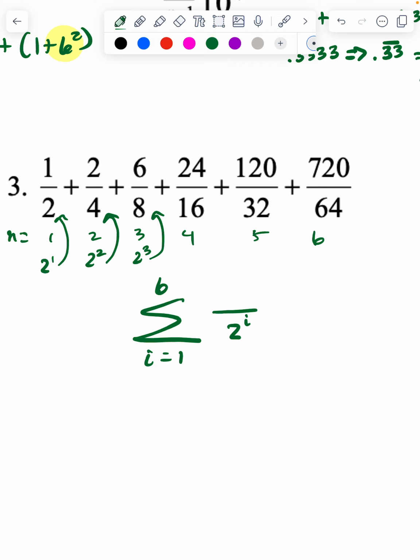So this is the sixth term, and 2 to the sixth gives me 64. Now I need a rule for the top. The rule for the top is honestly super tricky. We talked about it briefly yesterday, but once you see it, keep in mind, now it's fair game.